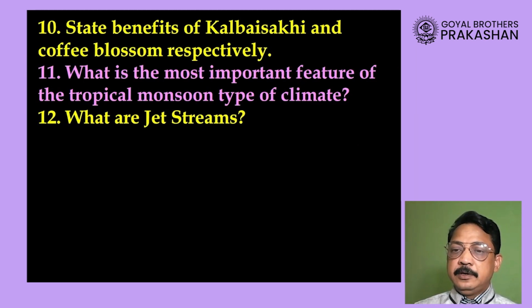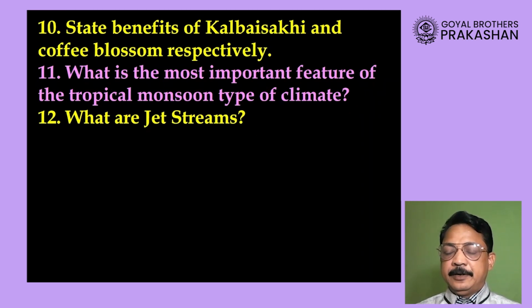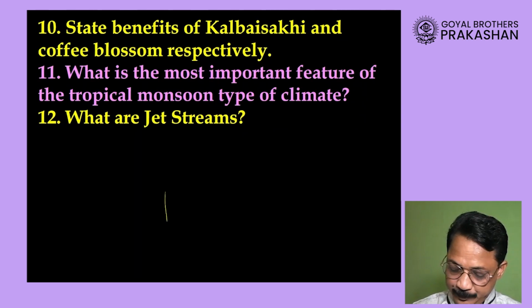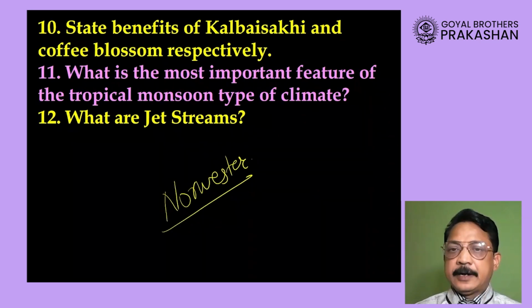So this is a thunderstorm associated with heavy rainfall, and it brings a very heavy rain in that region. This Kalbaisakhi is also known as Nor'wester. Remember the name Nor'wester. Nor'wester and Kalbaisakhi are one and the same thing.